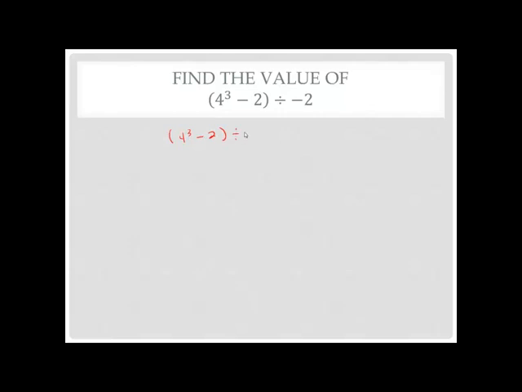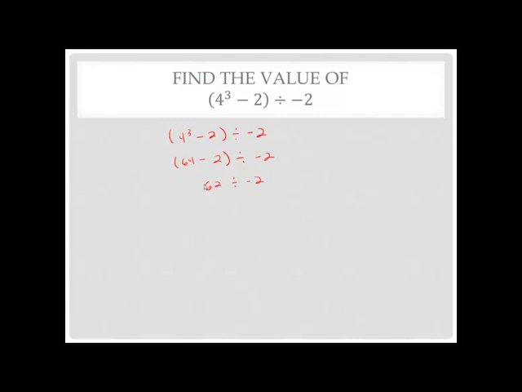So I'll do 4 to the third power first, which again means 4 times 4 times 4, which is 64. And then we'll keep working inside the parentheses until we get it down to one number. And 64 minus 2 is 62.